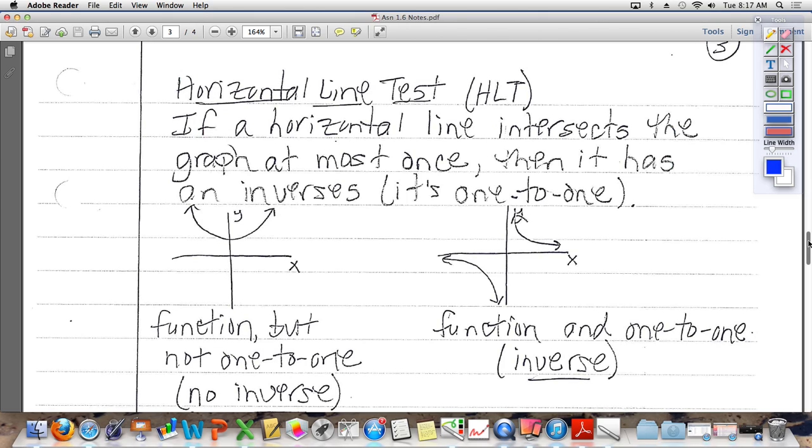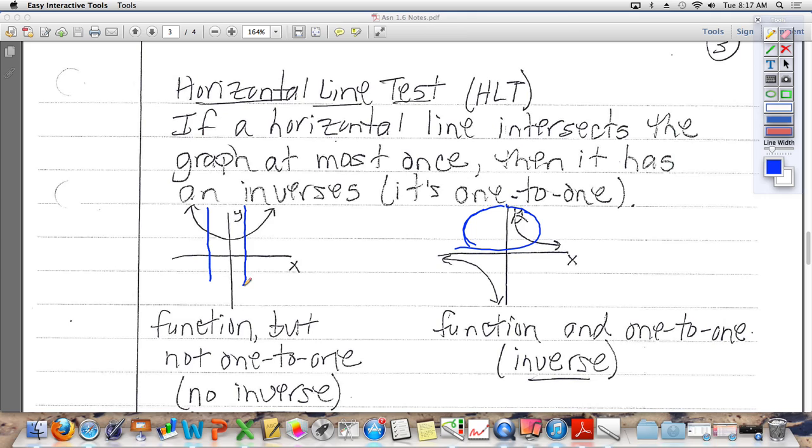In this case right here, we had a parabola. It was a function because it passed the vertical line test, but it does not have an inverse because it does not pass the horizontal line test. It touches in 2 places.